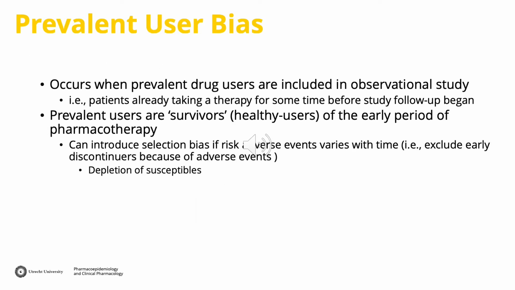So prevalent user bias is another really important bias in observational studies, and in particular pharmacoepidemiologic studies. Prevalent user bias occurs when prevalent drug users or current users of a medication are included in an observational study. Prevalent users are defined as patients who are already taking a therapy for some time before the study starts.